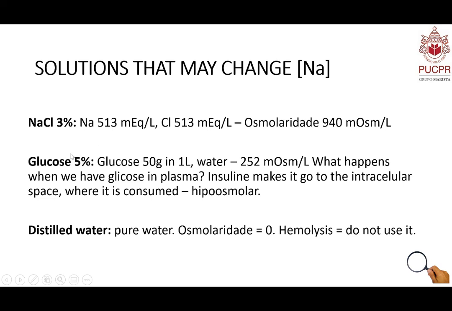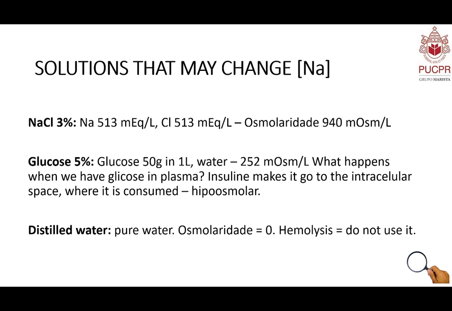And you have glucose 5%, which has 50 grams of glucose in 1 liter of water and has an osmolarity of 252. But this osmolarity is not really true, because once you give glucose intravenously, it goes inside the cells, because of insulin, of course. And once it is inside the cell, it uses it for energy.